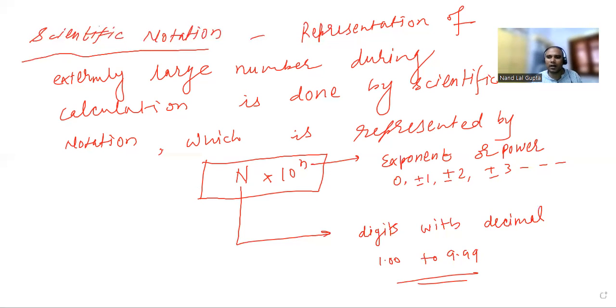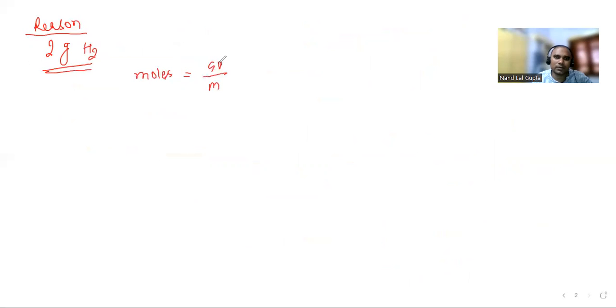Yes, sir. Now let's try to understand why we do this. If I take 2 gram of H2, and you are calculating moles, which I will teach you later, moles means given mass upon molar mass.